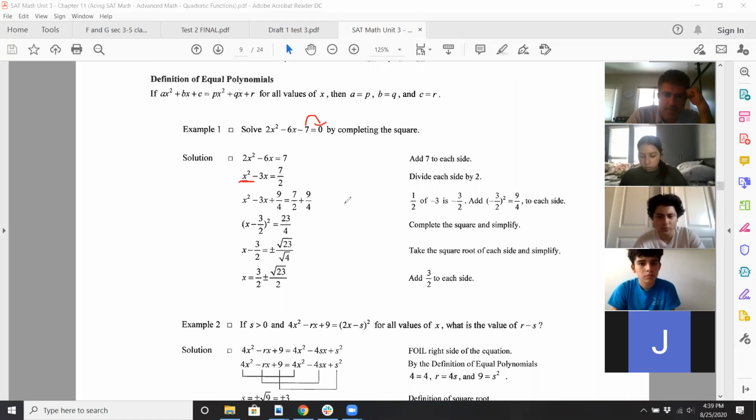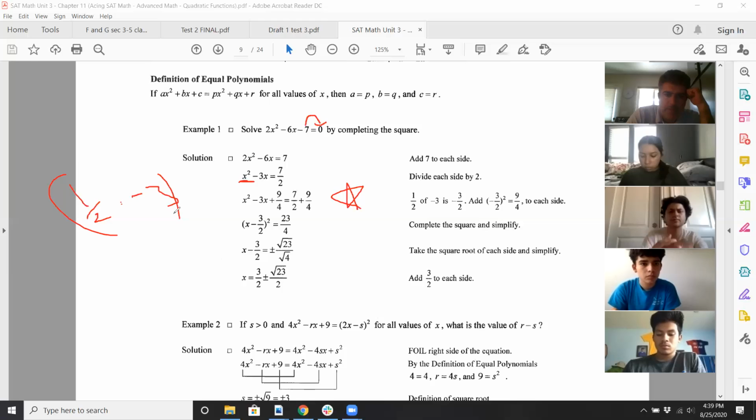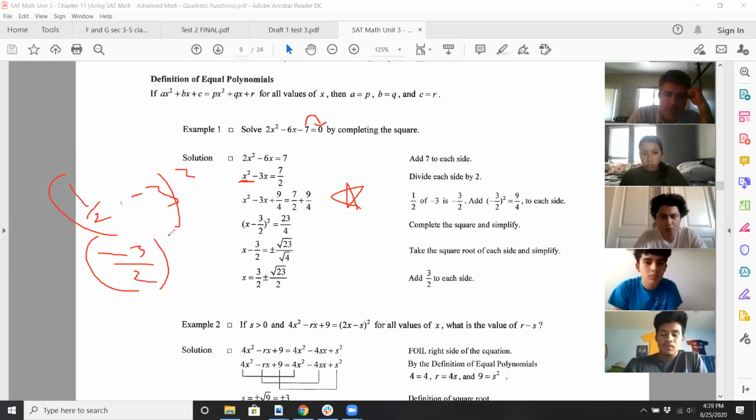Then the key step is you've got to take half of -3 and square the result. So you're squaring -3 halves, which of course is 9/4. And then you add it to both sides, and then you can do some factoring.